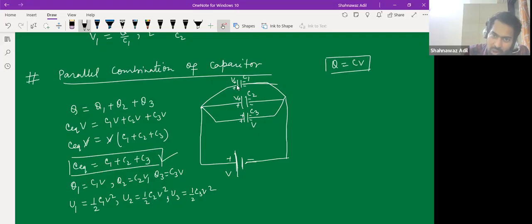We connect all the positive terminals on one side and all the negative terminals on the other side.